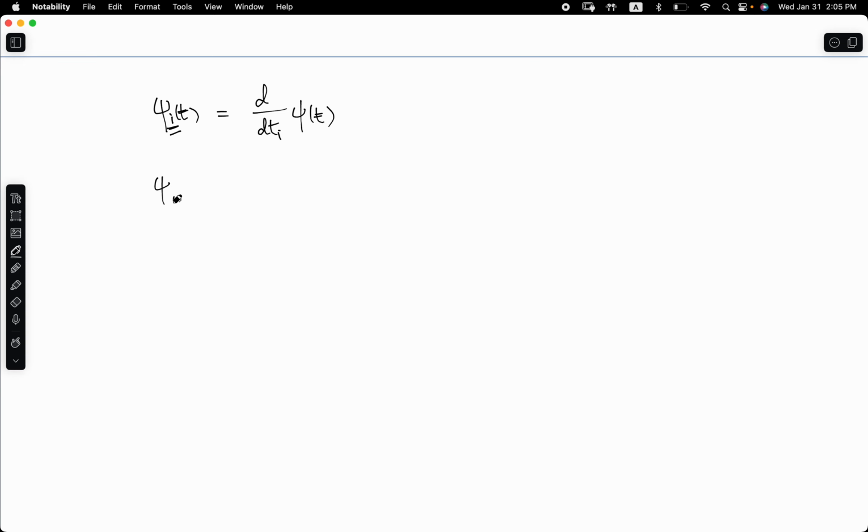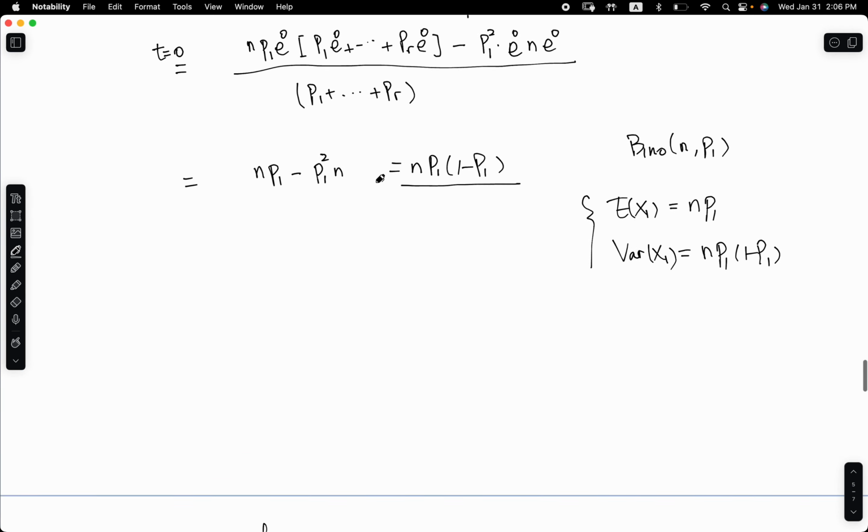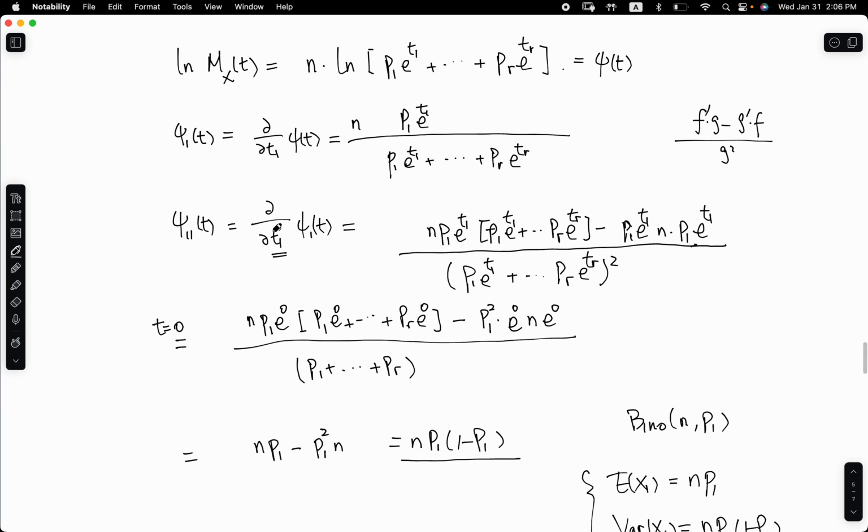When you're calculating the covariance, you need to calculate the derivative with respect to another tj from phi i. So the only difference is that when you take the second order derivative, you just need to make sure this f prime, g prime are with respect to tj, but not ti anymore.